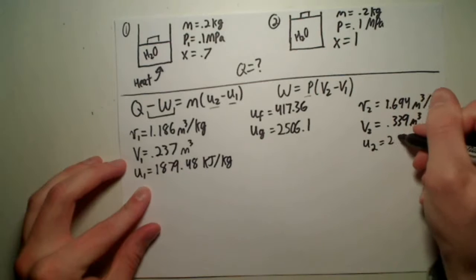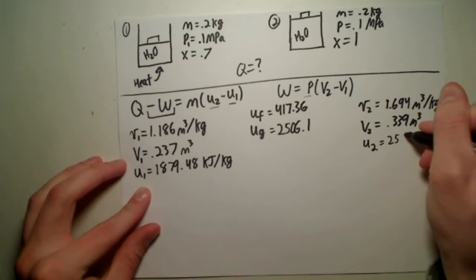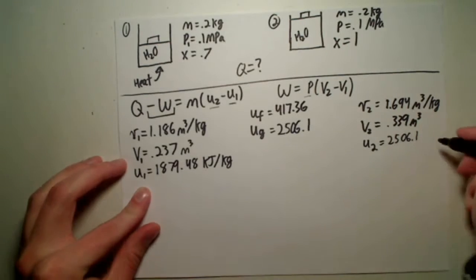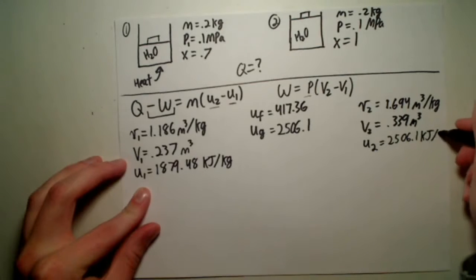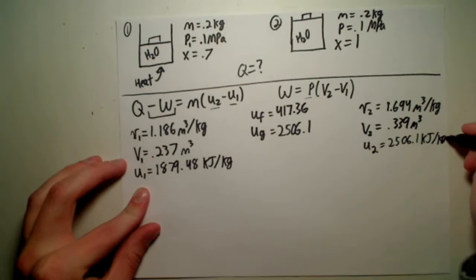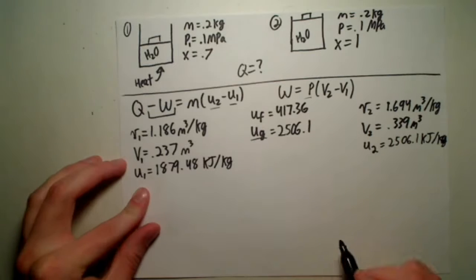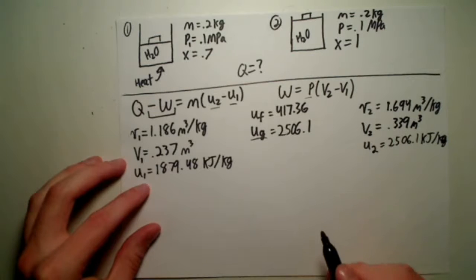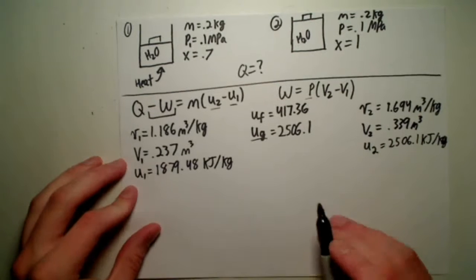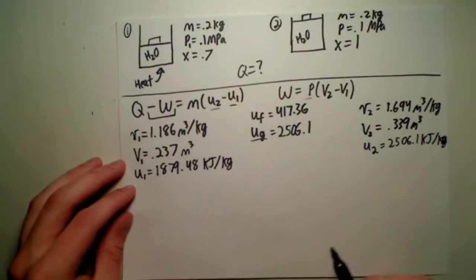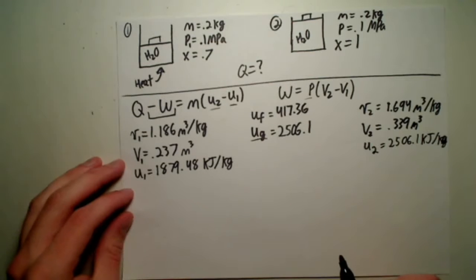U2 is simply going to be 2506.1 kilojoules per kilogram, again the exact same thing as the internal energy of its gaseous state. And I do believe that is enough to find out heat, Q.